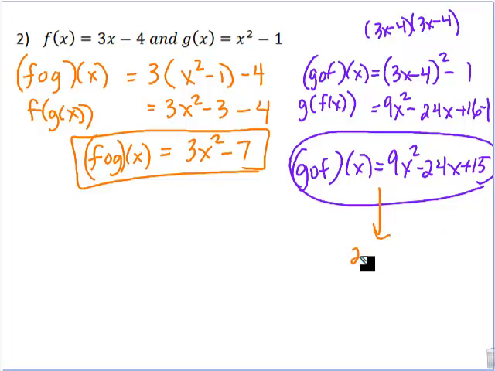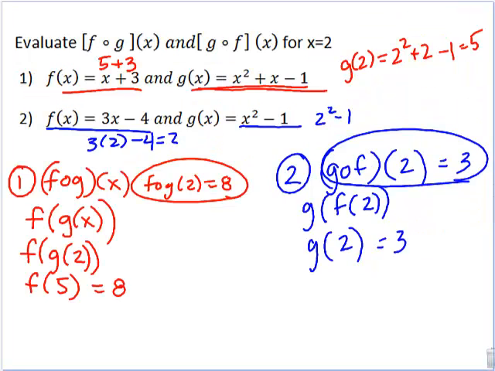If we plug in a 2 for our x values, we would end up getting 3. 2 squared is 4, 36. 24 times 2 is 48. 36 minus 48 is a negative 12, and then we add 15 and we get 3. That's exactly what we got here.